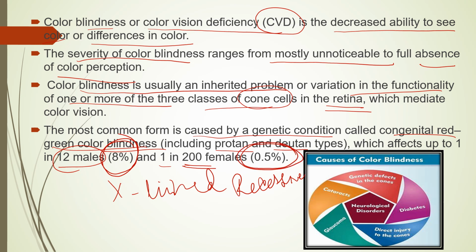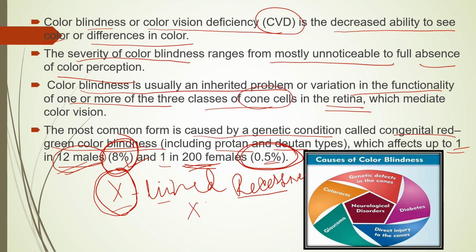So 8% is actually a huge number of males affected. As it is an X-linked recessive disorder, it is present in the X chromosome only.